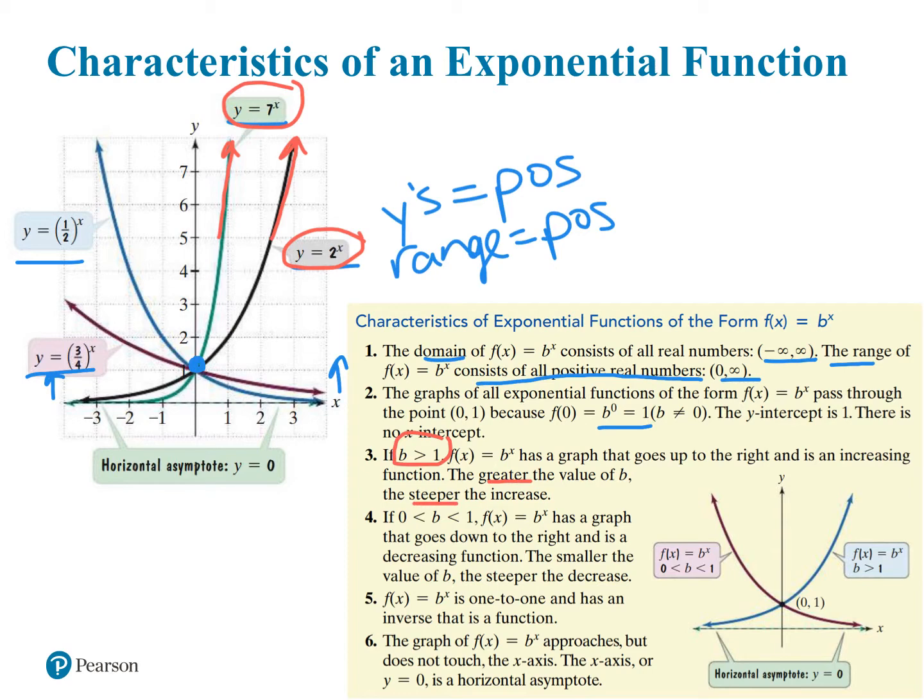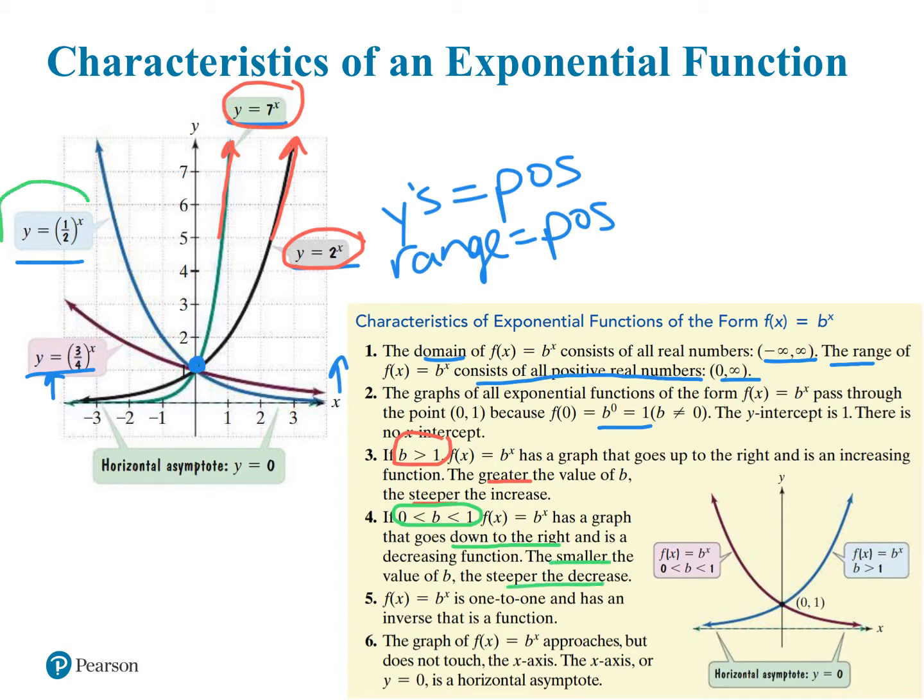Okay, now if 0 is less than b, and b is less than 1, so b is in between 0 and 1, we mark that. It has a graph that goes down to the right and is decreasing. The smaller the value, the steeper the decrease.